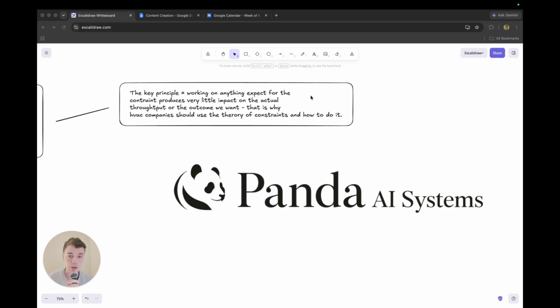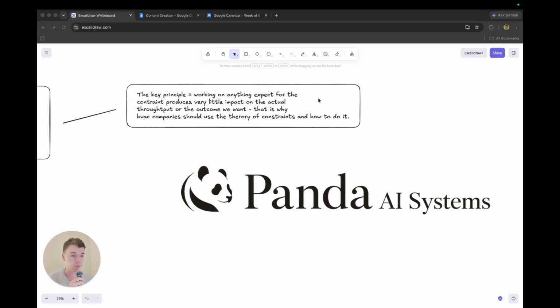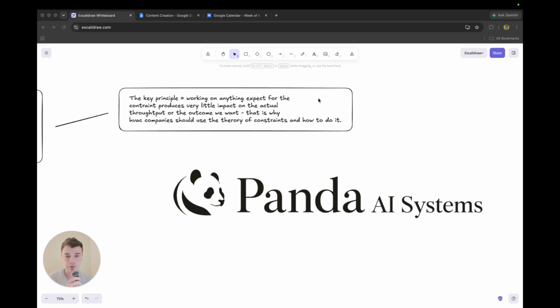The book The Goal by Eli Goldratt is about the theory of constraints and how it applies to manufacturing businesses and factories. What they found in looking at all these factories and businesses is that if you expend time working on something that is not the constraint, it produces a very minimal impact on the overall throughput, the overall outcome of that system.